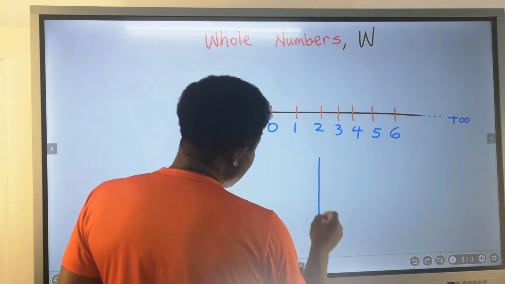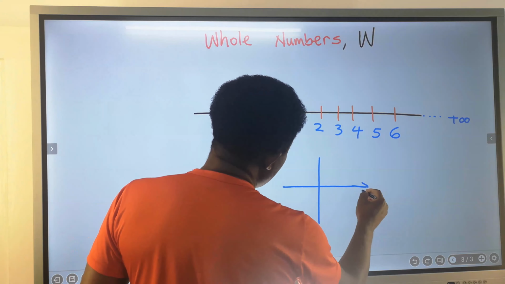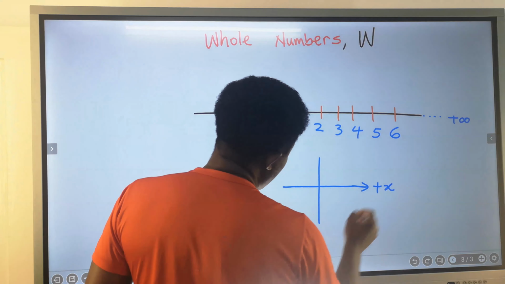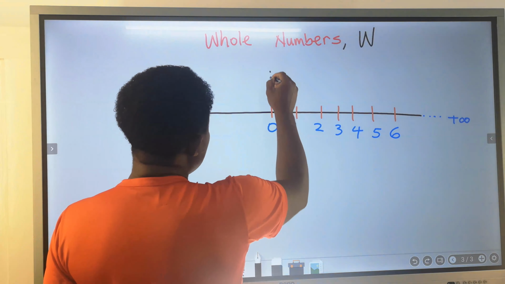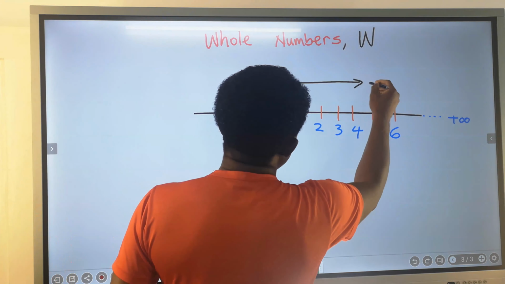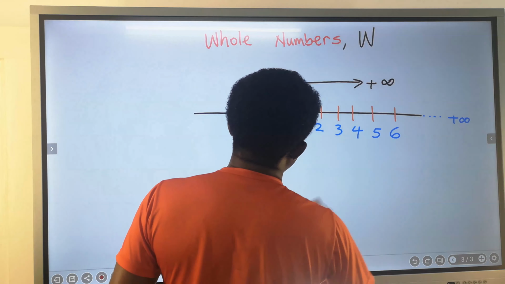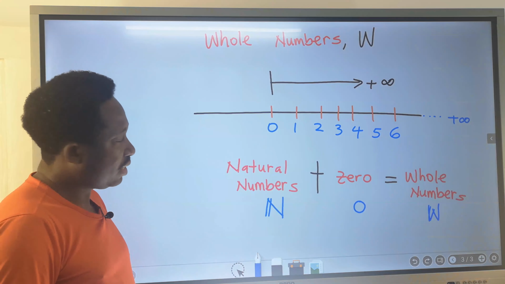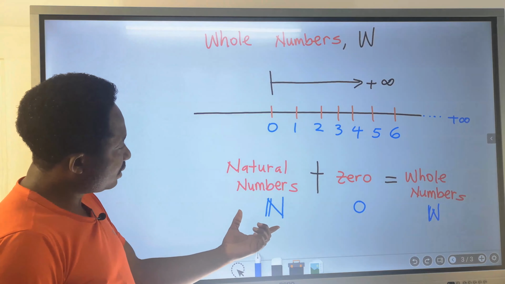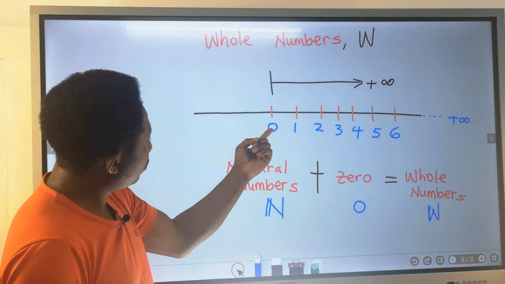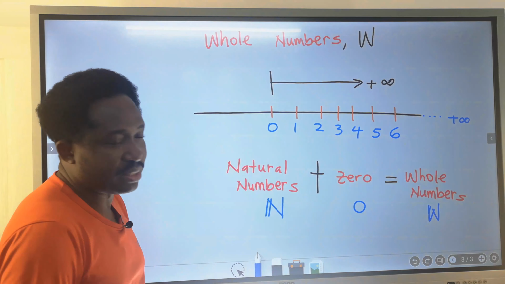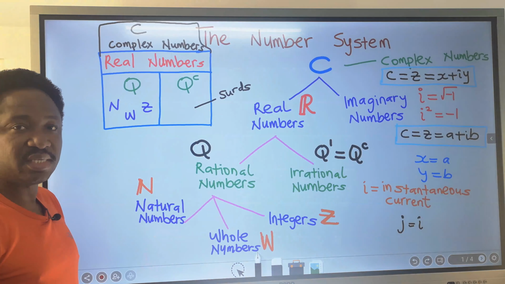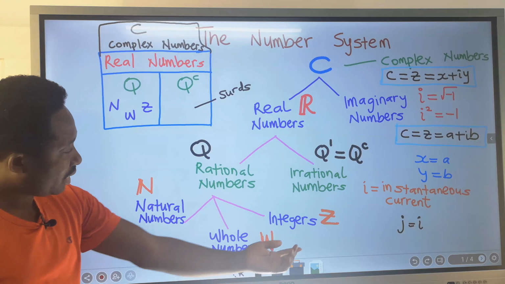Usually on the Cartesian plane, we call this plus x axis. You can see that whole number starts from 0 towards positive infinity. We can say that natural numbers plus 0 is equal to whole numbers. Next, let's consider integers.